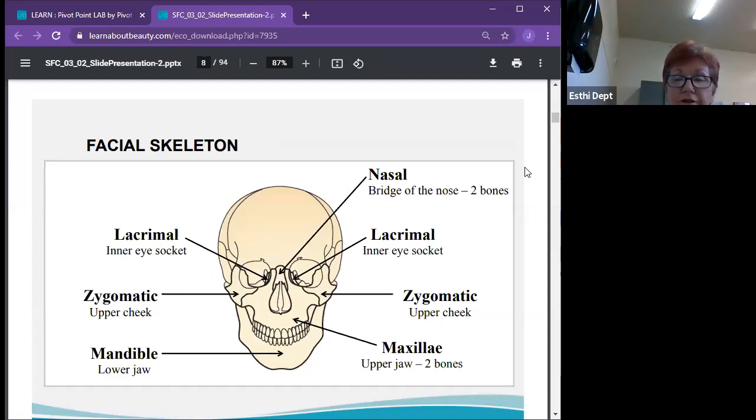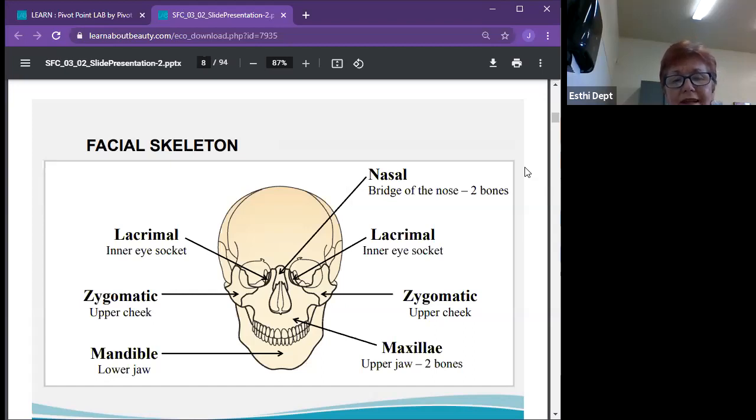Your nasal bones form the bridge of the nose. The bridge is right here where my glasses sit. So it's 2 bones that form the bridge of the nose. Then you have the zygomatic, also known as malar, M-A-L-A-R.